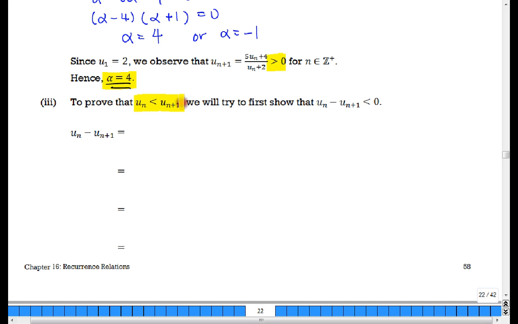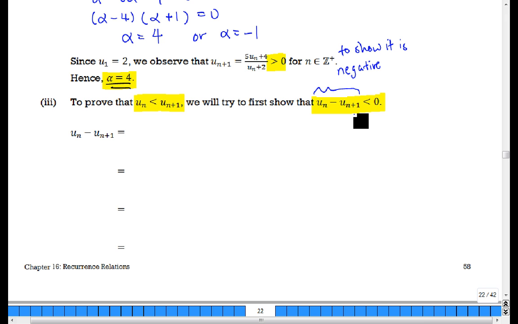To show this, it's a lot easier to consider un minus un plus 1 and show that this is negative. That's our objective. If I can show that un minus un plus 1 is negative, our job is done.